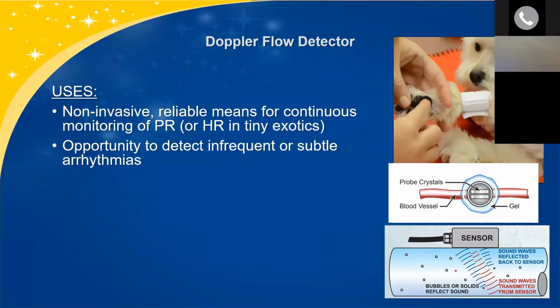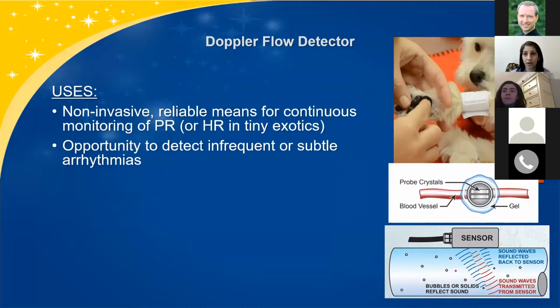So as an audible signal, you can be doing other things while you listen to that animal's pulse going. And the nice thing about a Doppler is there is no mistaking that that is a pulse that is related to an active and appropriate heart rate. There's not going to be something else that causes that sound.